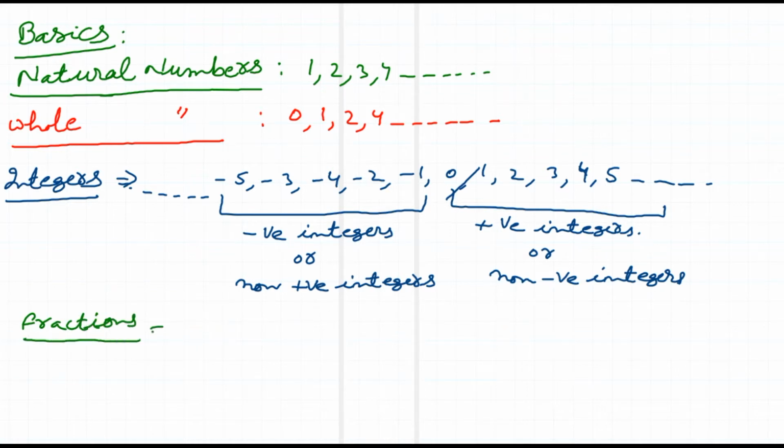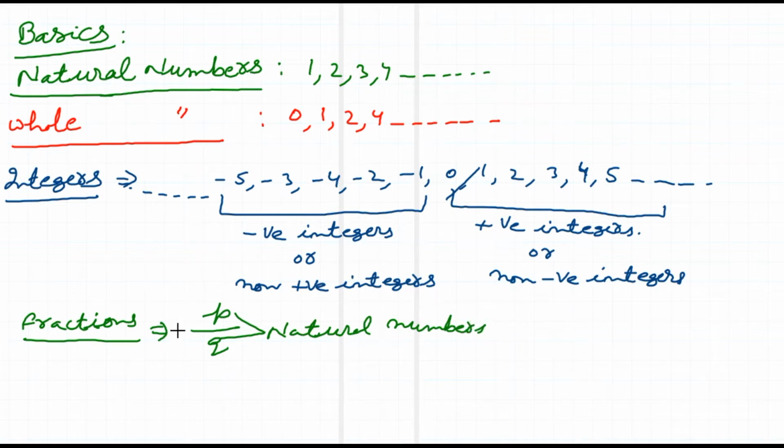When we write the numbers in this form, they are called fractions. Here P and Q are natural numbers.